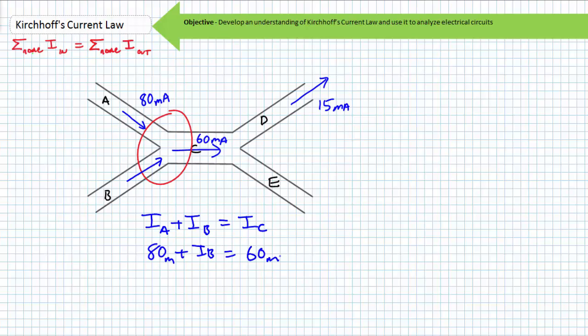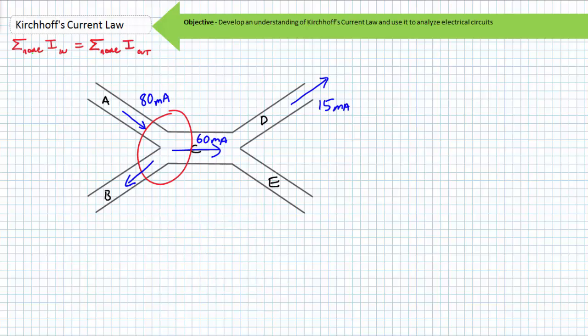Substituting in the necessary values and solving for IB, we find IB to be negative 20 milliamperes, meaning our magnitude is correct, but our assumed direction is incorrect. 20 milliamperes is in fact leaving this junction. It makes sense. If 80 milliamperes enters via door A and 60 milliamperes leaves via door C, the remaining 20 milliamperes has to leave via the only other door at this junction, door B.